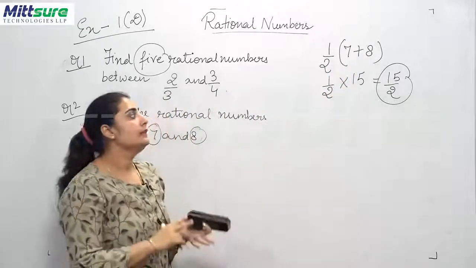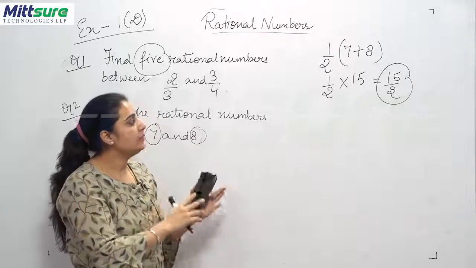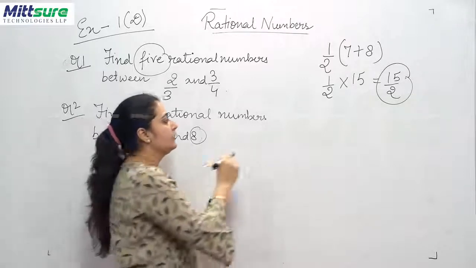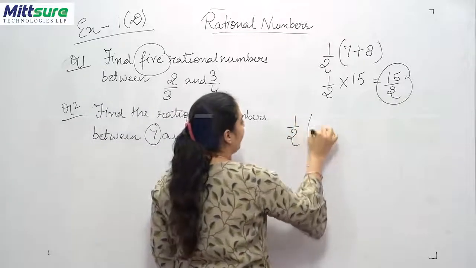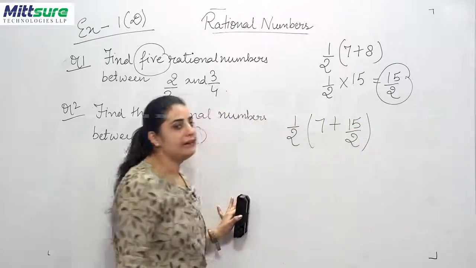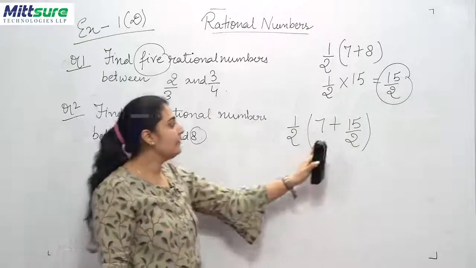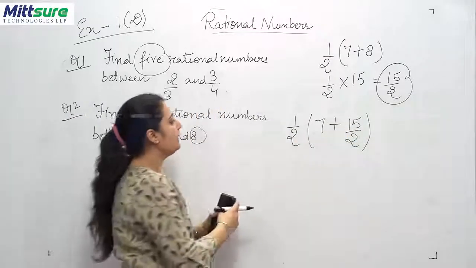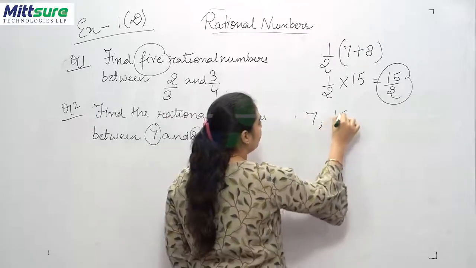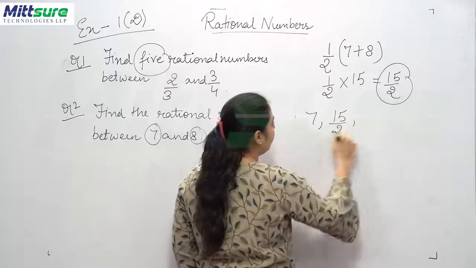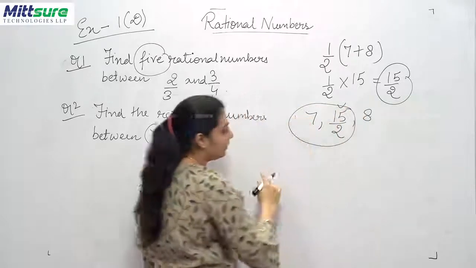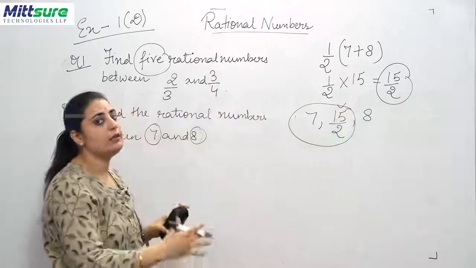Now to find out how many numbers exist between 7 and 15 upon 2, I will take 7 and 15 upon 2 together and find the mid number between them. This can be represented like 7, 15 upon 2, the midline number, and 8. So these two numbers will be taken first to find the further in-between numbers.